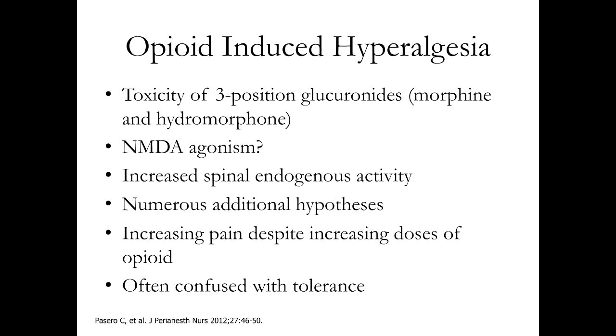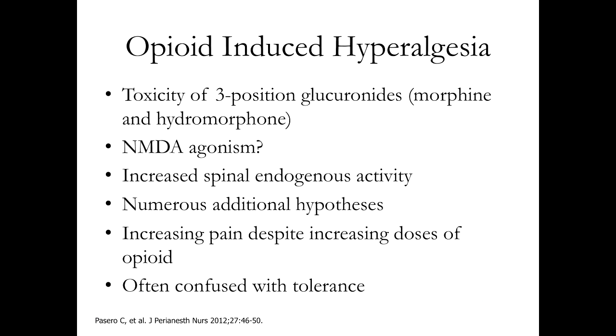Another big one that's really been a hot topic lately is something called opioid-induced hyperalgesia. And I don't know that I heard any of my colleagues talk about this, so I'd like to spend a minute on it. Basically what this is attributed to is what we think might be opioid-induced neuroexcitation.